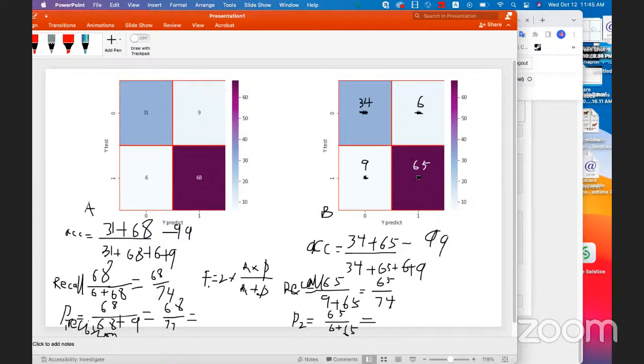In some situations, for example fraud detection, whether this transaction could be fraud or not. If there's any fraud transaction, you want to find it out.